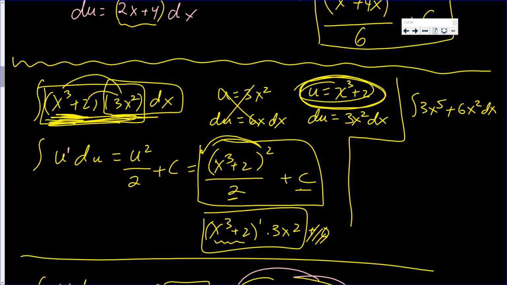When I integrate the first, I get x to the 6 over 2, because the 3's will cancel, plus 2x cubed, because this 3 will cancel. 6 over 3 is 2.